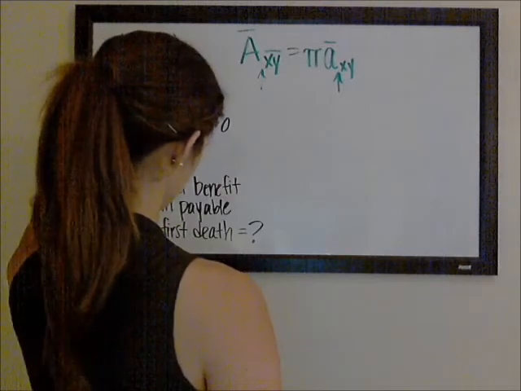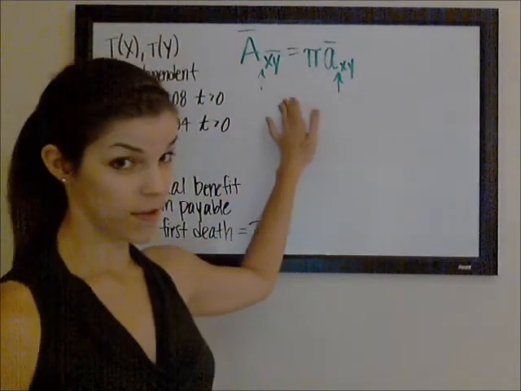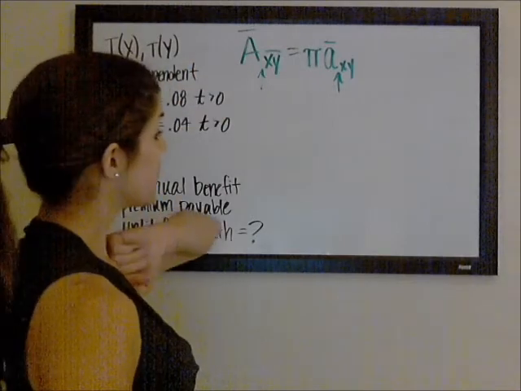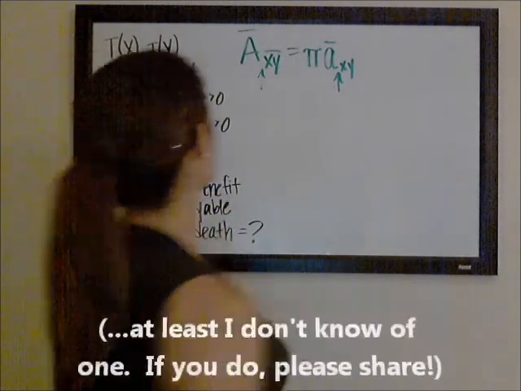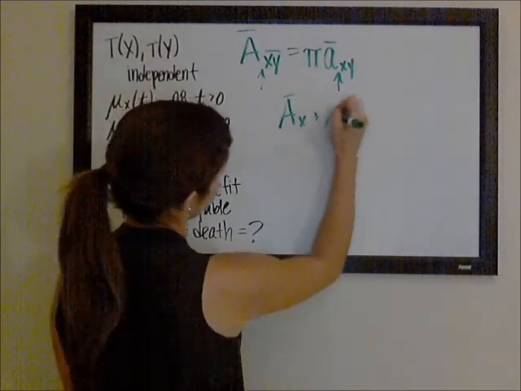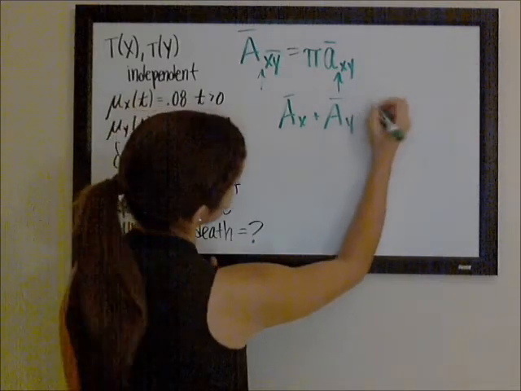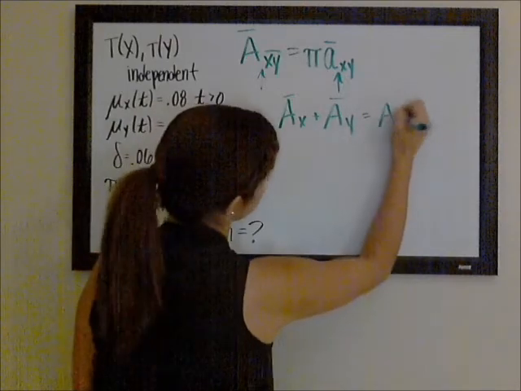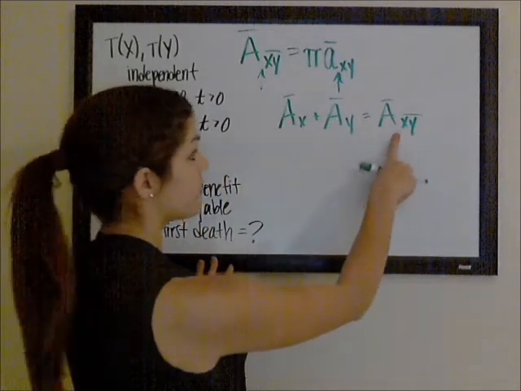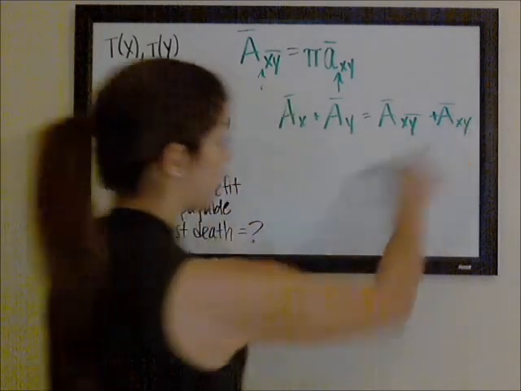There's no really nice simplified formula that you can use with the forces of mortality to find this insurance like there was for the joint status, but we do know that the actuarial present value of a whole life insurance on X plus the same on Y is going to be equal to the actuarial present value of the insurance on the last survivor status plus the actuarial present value of the insurance on the joint life status.